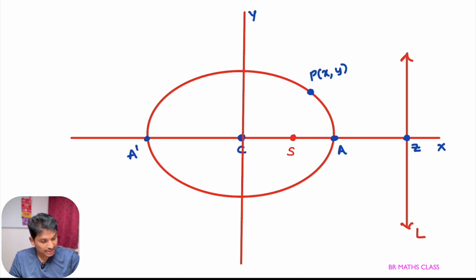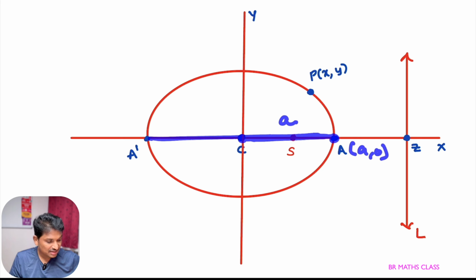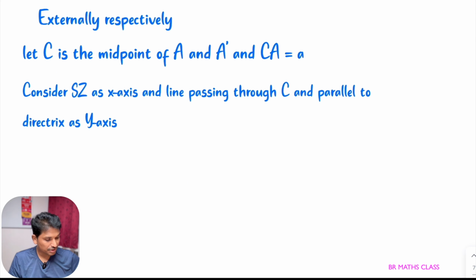Now as you have taken this CA as a, what is this A? This A is a comma 0, and as C is the midpoint of A dash, as CA is a, this length is also a. Then what is A dash? A dash is on the left side of the origin, A dash is minus a comma 0. Now I'll write these 2 points.